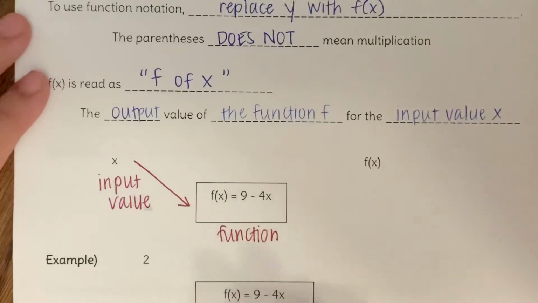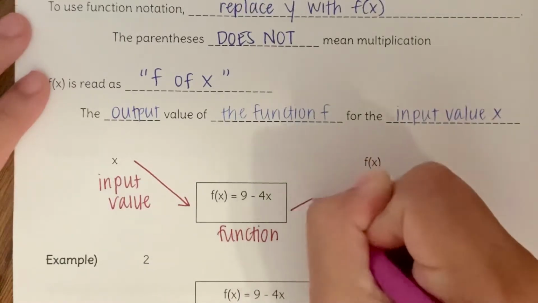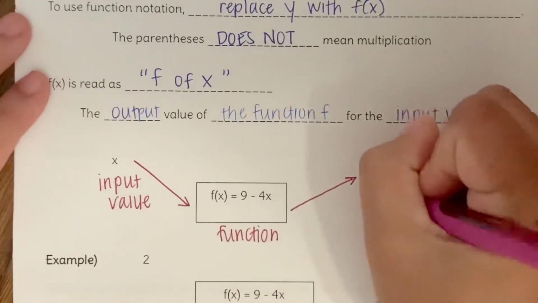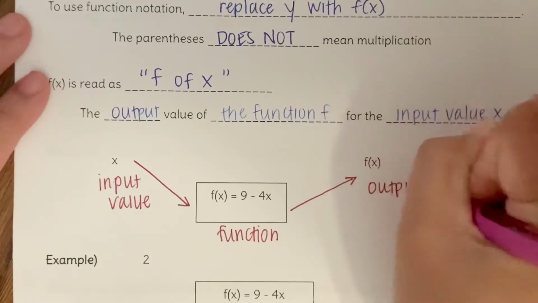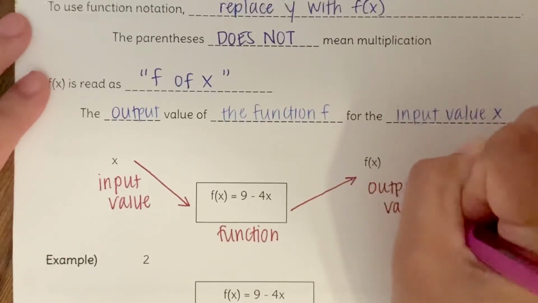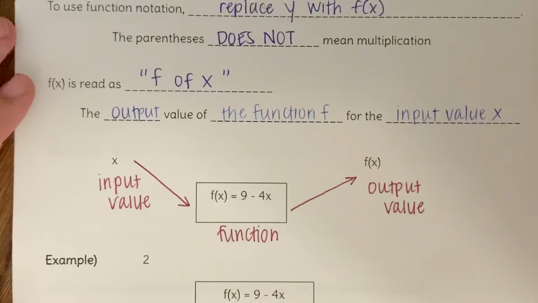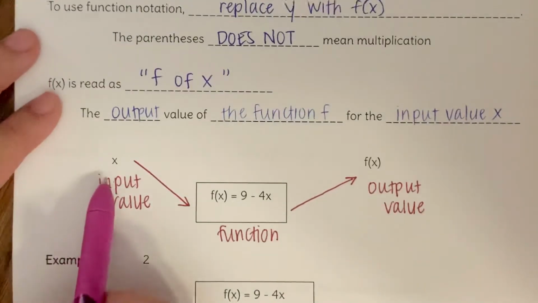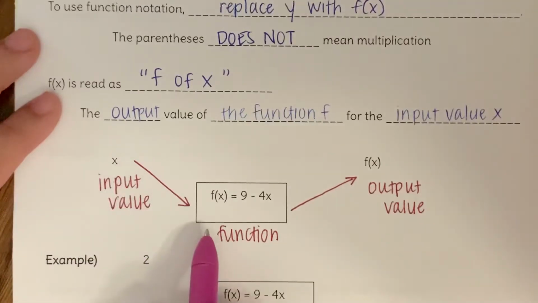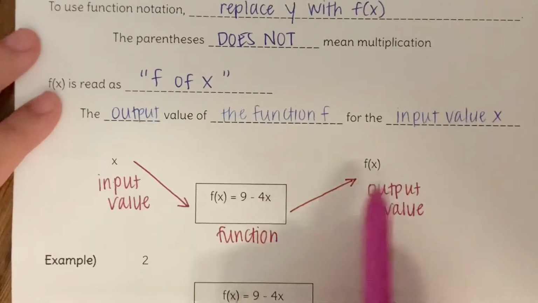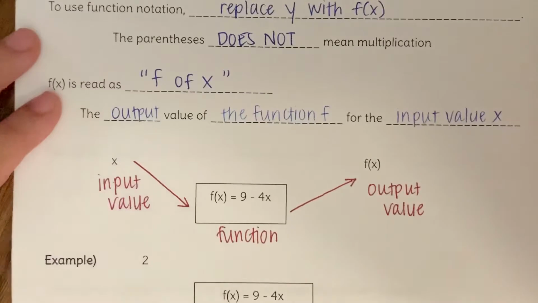It's going to do its work, and then it's going to spit out this output value that we call f of x. So f of x is going to depend on whatever input value we're putting into the function. So this is going to change depending on whatever this value is.